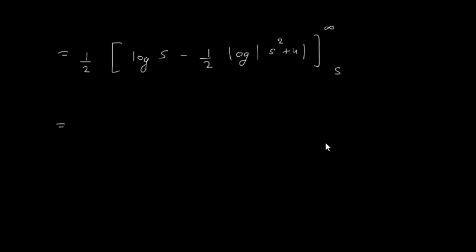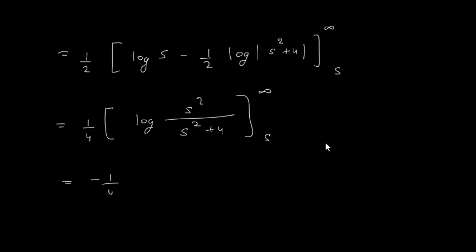So this is equal to 1 divided by 4. I will take this 1 upon 2 out, and here it will become log of s square. So log of s square minus log of s square plus 4 becomes log of s square upon s square plus 4, from s to infinity. When we put infinity, I will get 0, and when I put the lower limit, it will be the same.